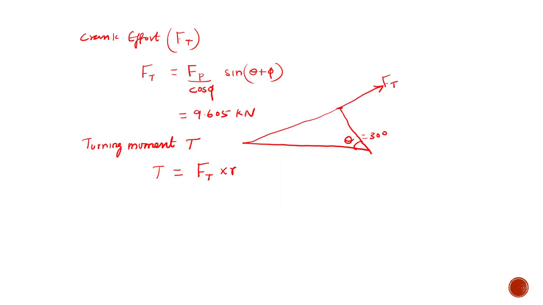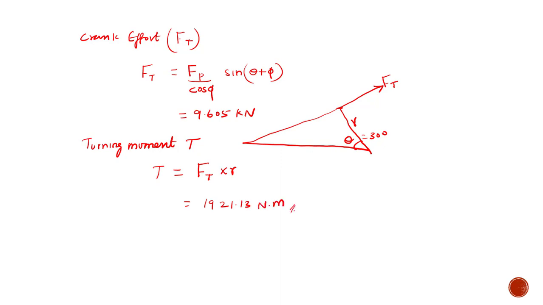This is the length of the crank, so the turning moment is found by multiplying Ft with the radius. It is a very simple calculation. By doing so, we get the turning moment as 1921.13 Newton meter.